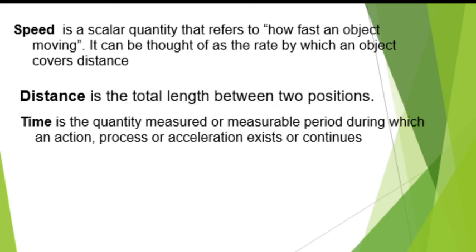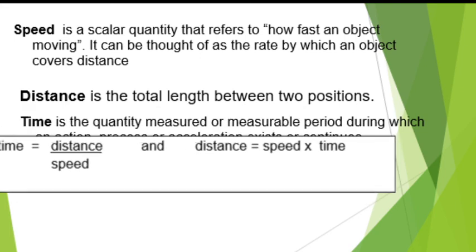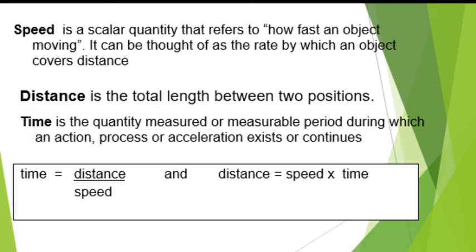And the time is the quantity measured or measurable period during which an action, process, or condition exists or continues. In short, its formula is time is equal to distance divided by the speed, and the distance again is equal to speed times time. And for your evaluation, there are 3 numbers. So just answer it.